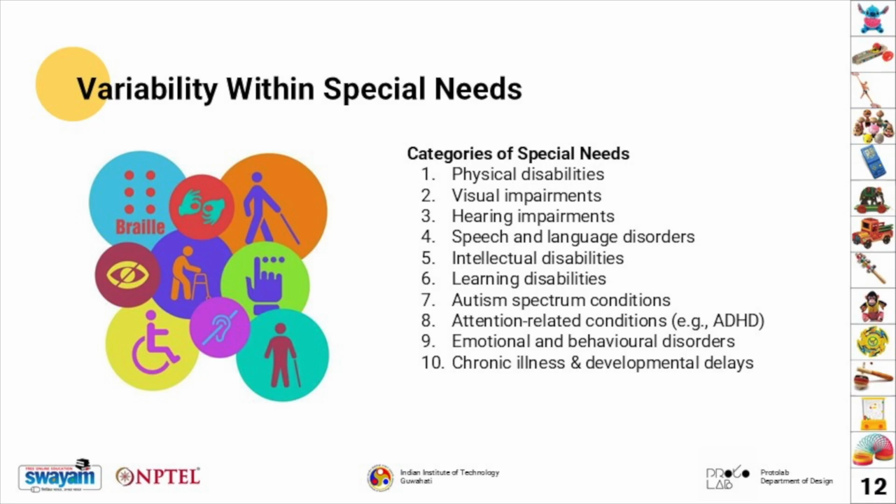Play can act as a safe space for expression and calming. Finally, chronic illness and developmental delays may affect stamina, timing, or developmental milestones. Play opportunities may need flexibility and reduce physical or cognitive load.